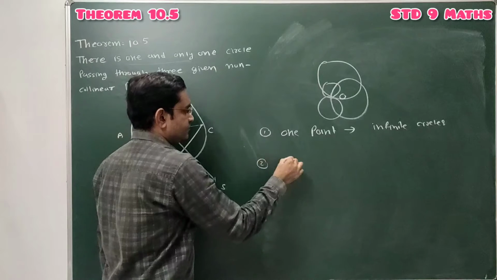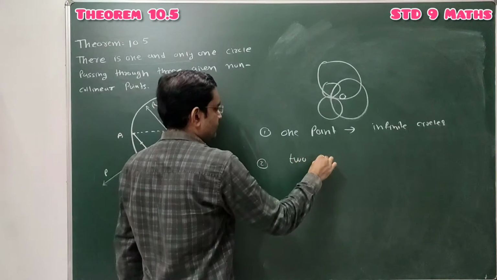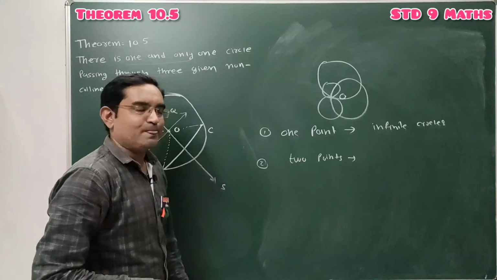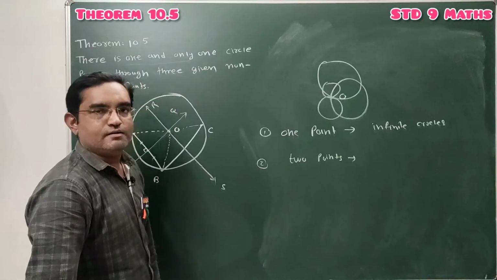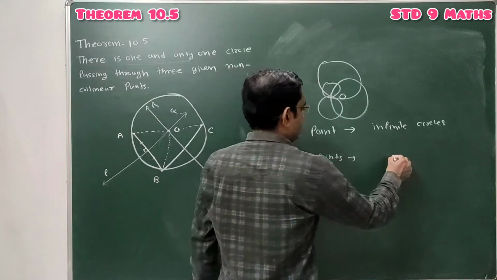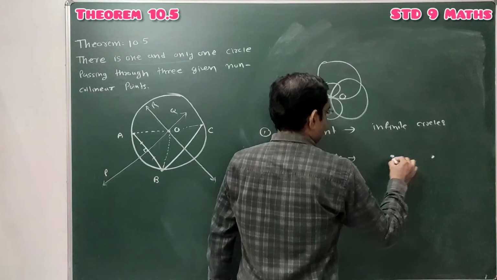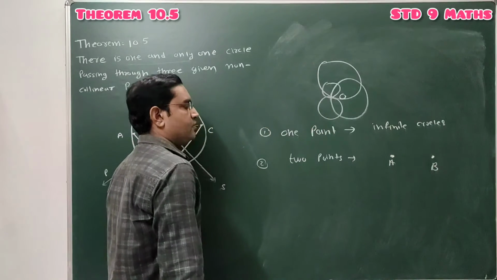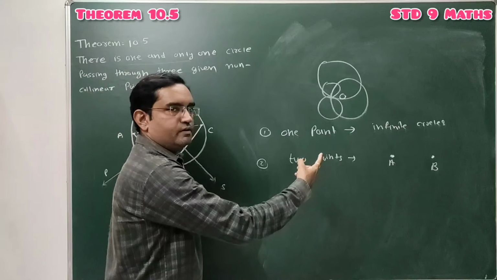Second point, suppose 2 points in a plane are given. Then how many circles can pass through it? Let's check. Suppose these are the 2 points, point A and point B, and check how many circles can pass through these given 2 points in a plane.